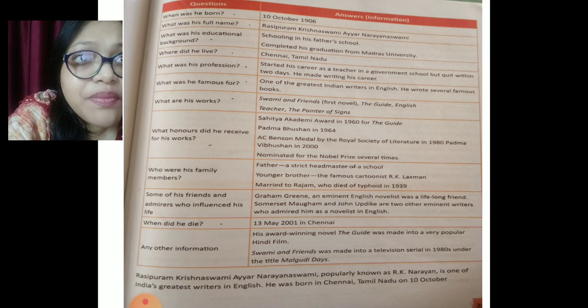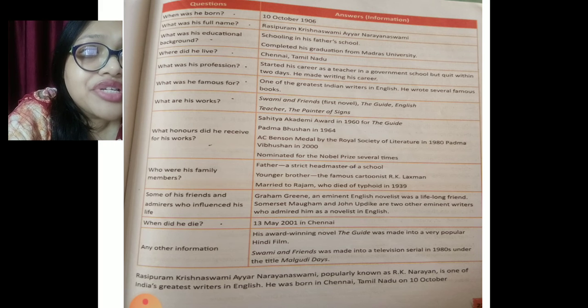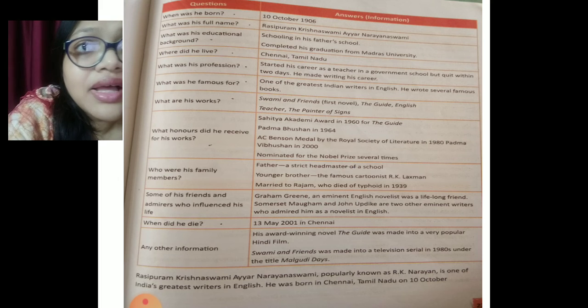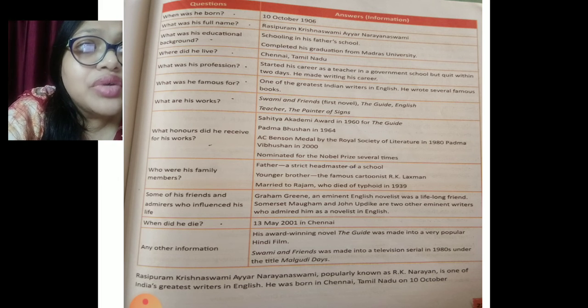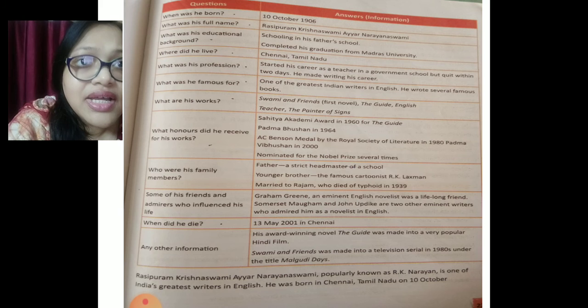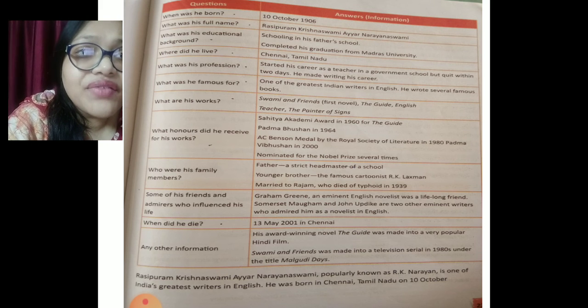When was he born? 10th October 1906. What was his full name? Rasipuram Krishnaswamy Iyer Narayanswamy. What was his educational background? Schooling in his father's school. Completed graduation from Madras University. Where did he live? Chennai, Tamil Nadu. What was his profession?